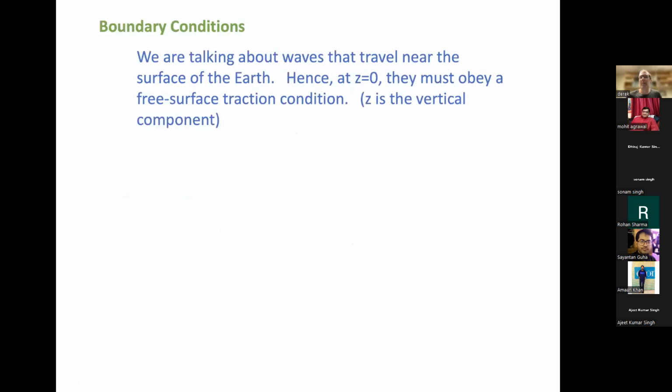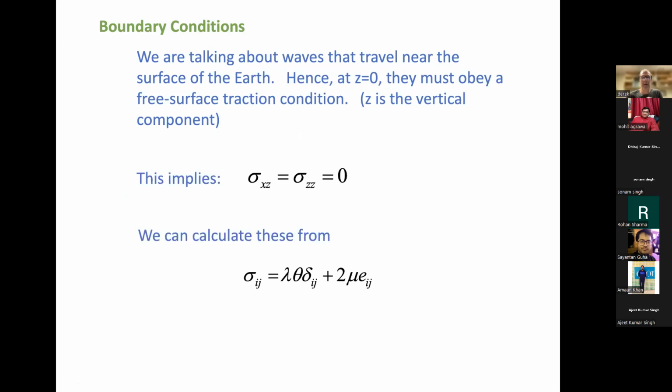We are talking about waves that travel near the surface of the Earth. Hence, at z equals 0, they must obey a free surface traction condition, where z is the vertical component. This implies that sigma sub xz equals sigma sub zz equals 0.